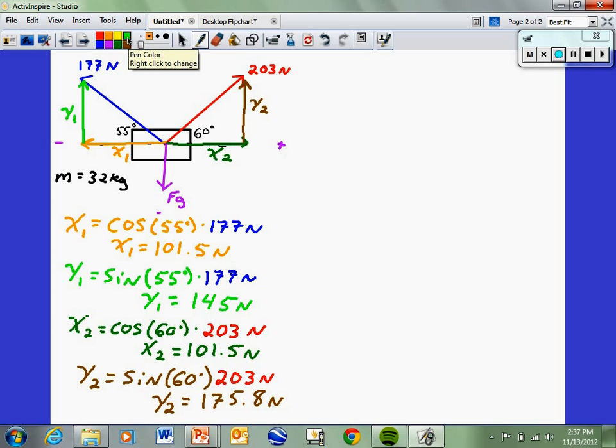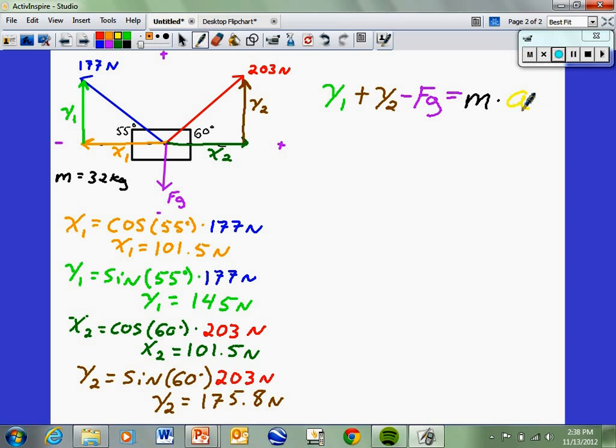In the up and down, I have my y1 is an up force, so I write that down. My y2 is an up force, so that's also positive. And I have force of gravity downward is a downward force, so that's negative. I'm out of up and down forces, so that's going to give me the mass, and we'll keep our colors consistent, put the mass in black, times the acceleration there in yellow.